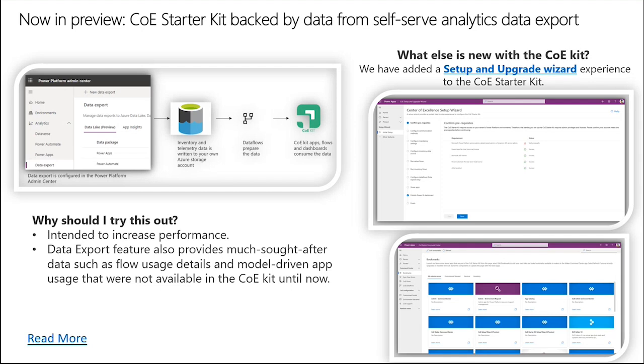And because the data is provided by the Admin Center, this mechanism is really very efficient. Once you've set up the data export feature, you can configure the COE starter kit to use the data provided by the feature to power that kit's dashboards, apps, and flows.